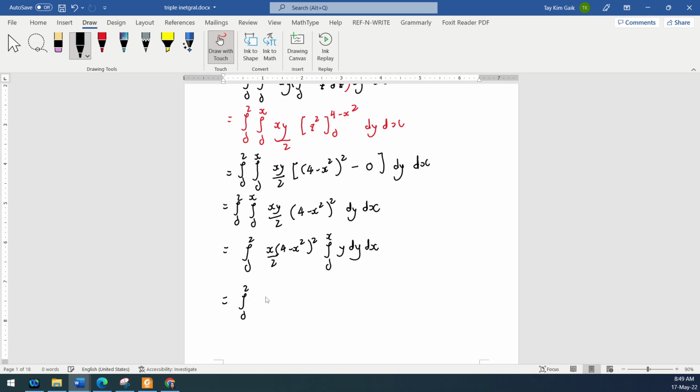So integrate y dy, you have y squared over 2, with limit from 0 to x.